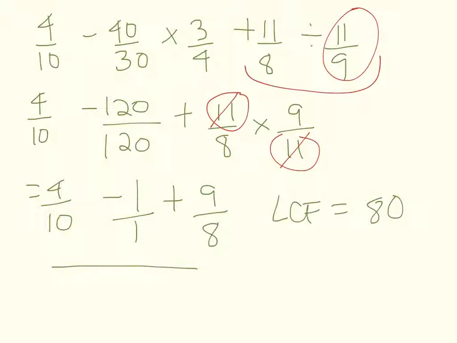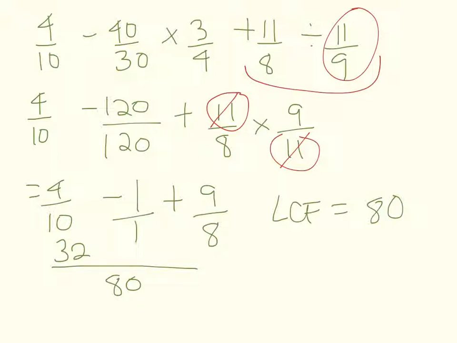So my denominator is going to be 80. And now I have to ask myself, with that denominator of 10, what did I do to it to get 80? What mathematical operation? I multiplied that 10 by 8. So what you do to the denominator, you must do to the numerator. So 4 multiplied by 8 will give you 32.